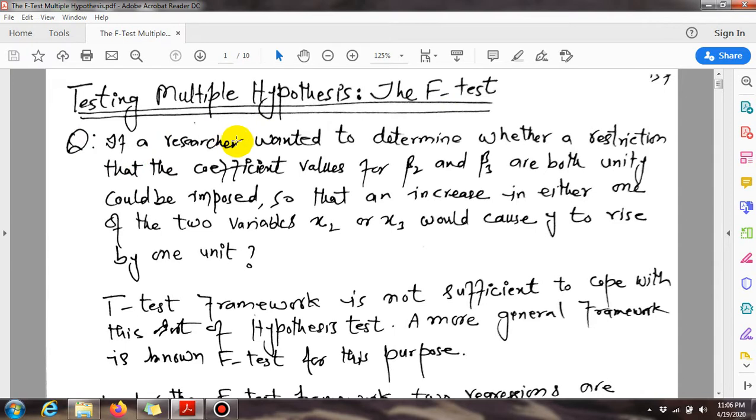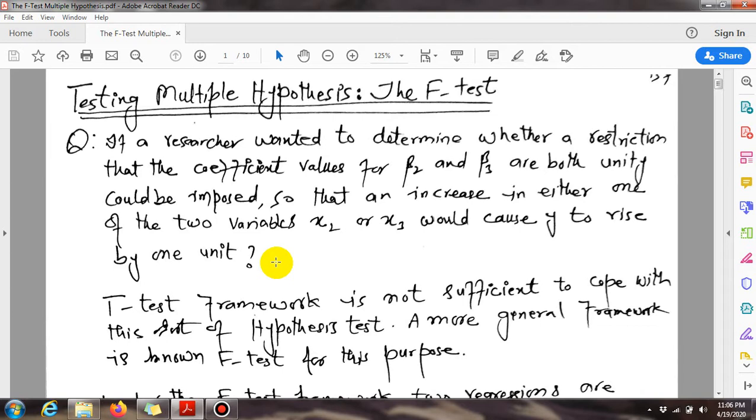If a researcher wanted to determine whether a restriction that the coefficient values for beta 2 and beta 3 are both unity could be imposed, so that an increase in either one of the two variables x2 or x3 would cause y to rise by 1 unit.